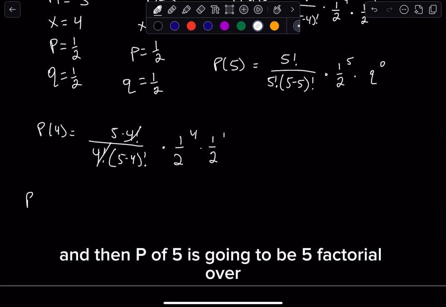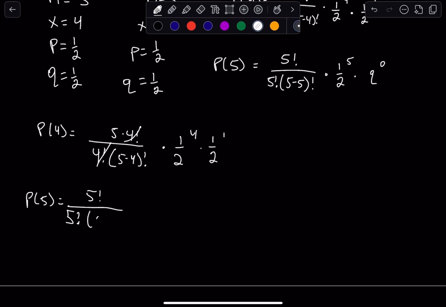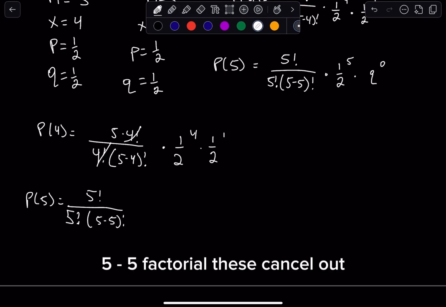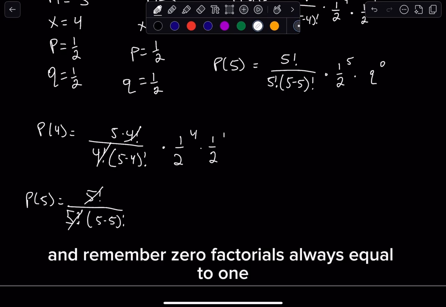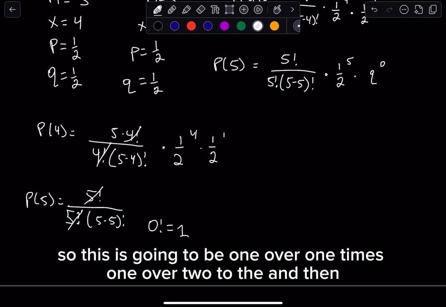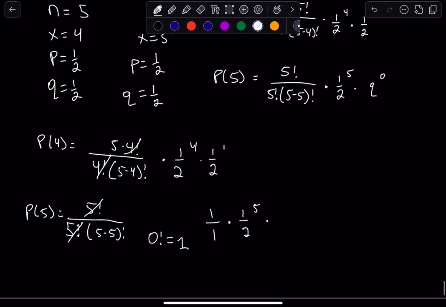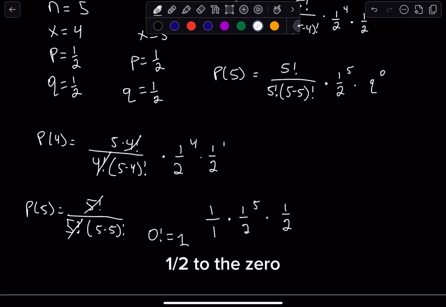And then P of 5 is going to be 5 factorial over 5 factorial. 5 minus 5 factorial, these cancel out. And remember, 0 factorial is always equal to 1. So this is going to be 1 over 1 times 1 over 2 to the 5, and then 1/2 to the 0.